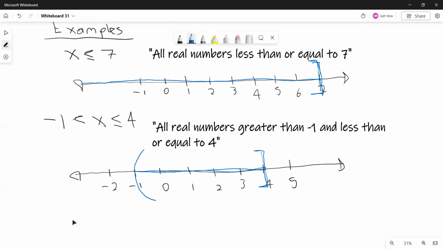Okay, so to represent the solution set, we're going to use interval notation. So look at the second example. Anything between -1 and 4, excluding -1 but including 4, can be a solution. Like 4 is a solution, 0 is a solution, but also 1/2 is a solution, or 0.2389 is a solution, and so on.